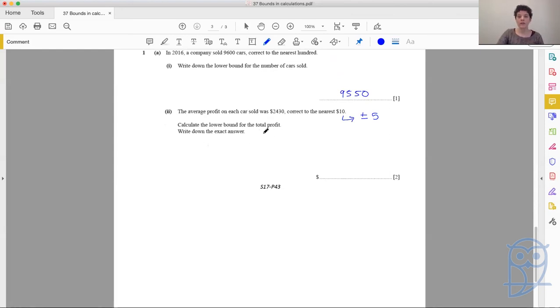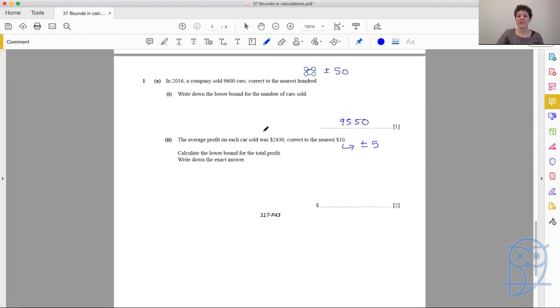So, we're going to do this one slightly different because now you had a bit of practice. Lower bound for the total profit. You know this one would be fewest cars times smallest amount. Now they've talked us through the fewest cars already. The lower bound is 9,550. So our lower bound for the cars equals 9,550.